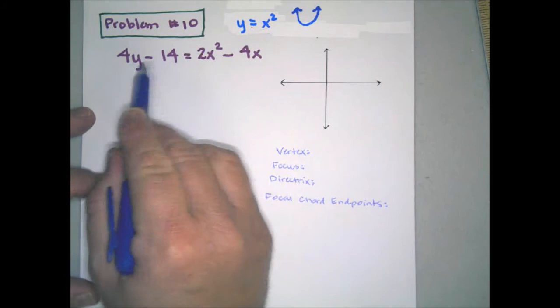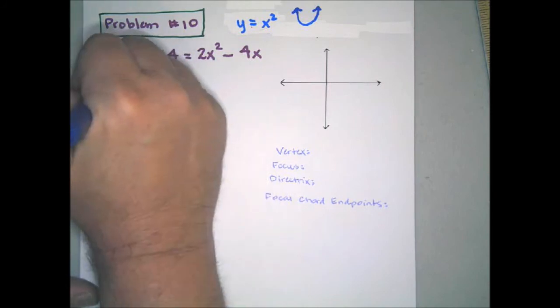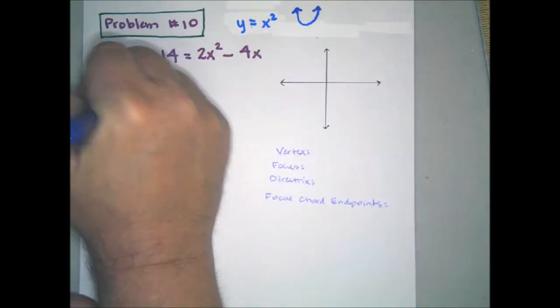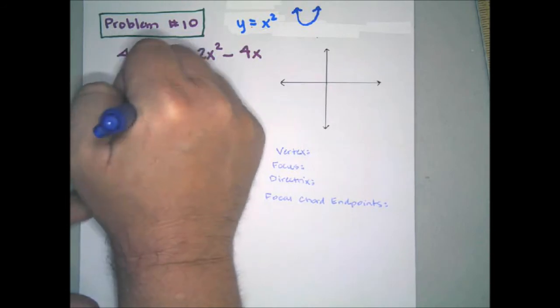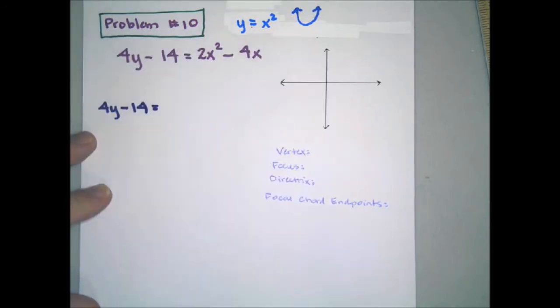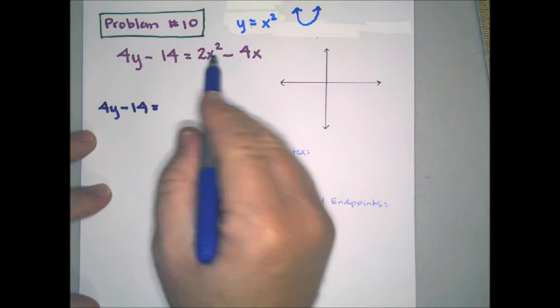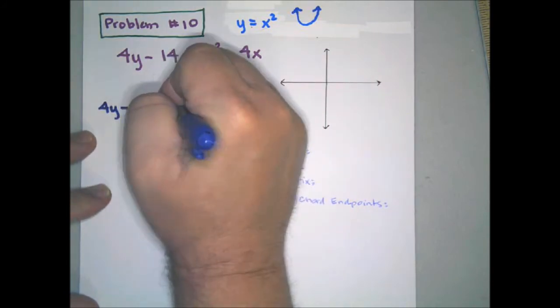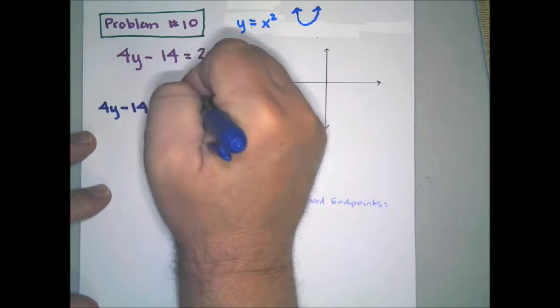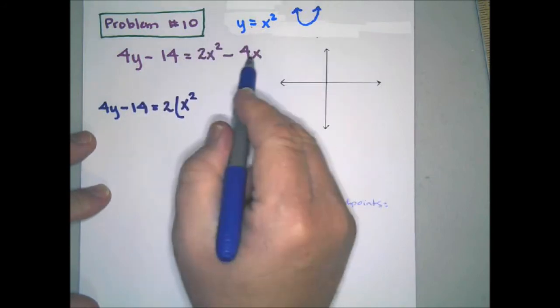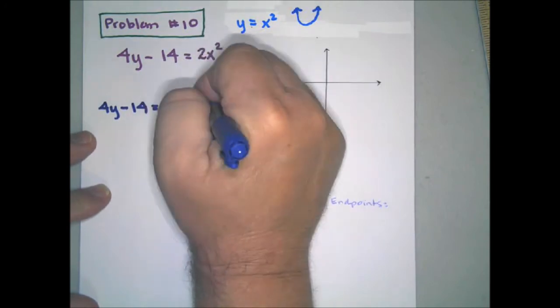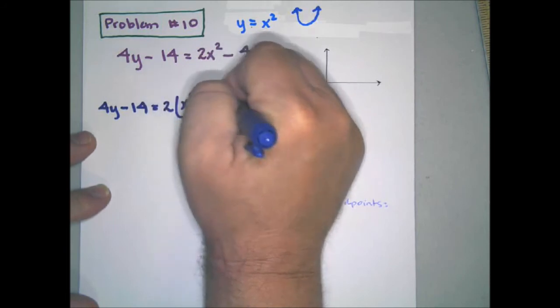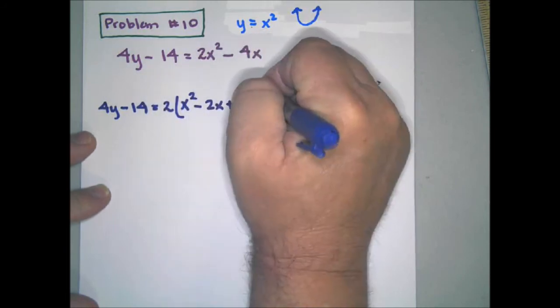Now the left-hand side, 4y minus 14, doesn't really need to have anything done to it. The right-hand side, I need to factor out the 2, and I'm left with x squared minus 2x, but then I'm going to need to complete the square.